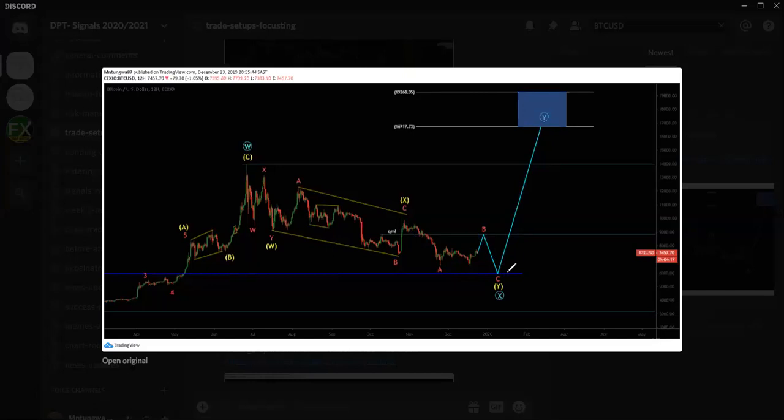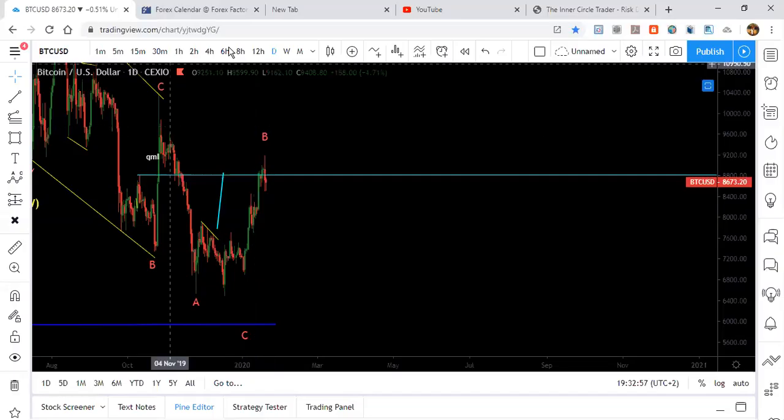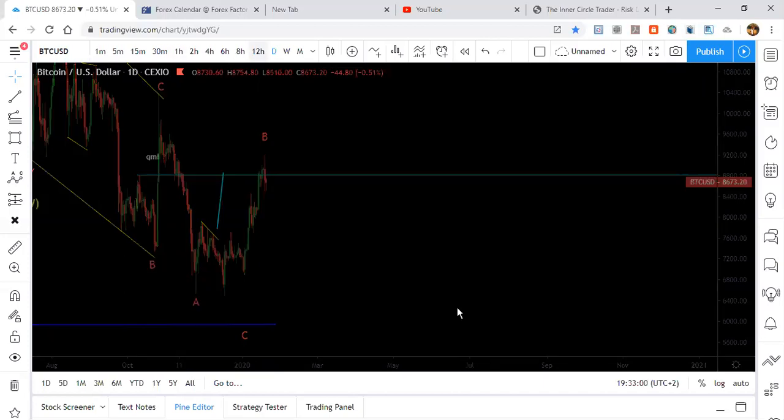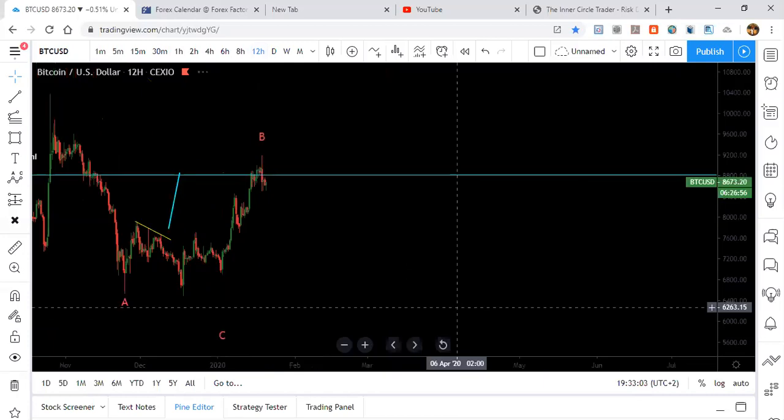Right. So now I just want to share this setup with you, so that if you are interested to trade this downside, you can now trade it downside. Let's look, where is this thing now? By the look of things, if you take a look at this, you will see that it has already reached the level that I was anticipating.